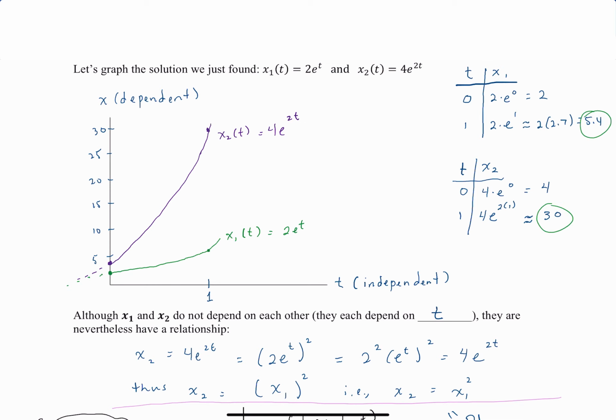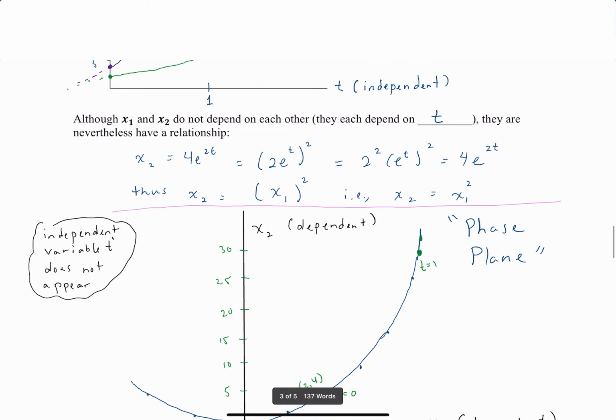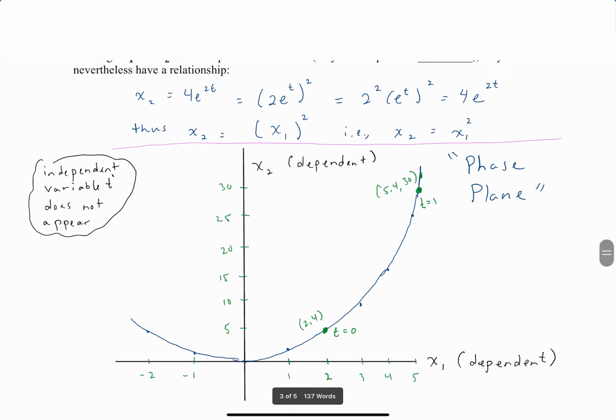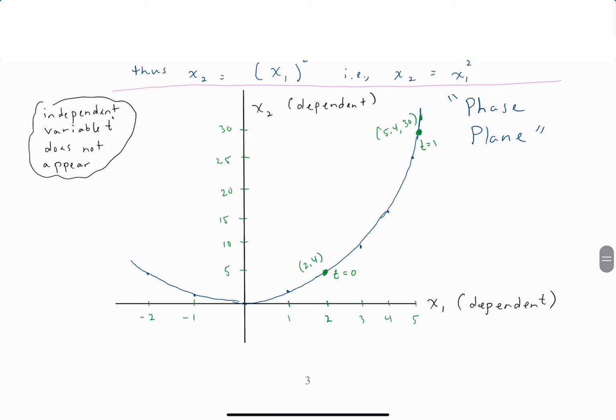So on our phase plane, where we have the point roughly 5.5, 30, that's when t equals 1. And one thing that is nice about figuring out where a couple of t points are is this tells you what direction you would be moving along this curve as time passes on.